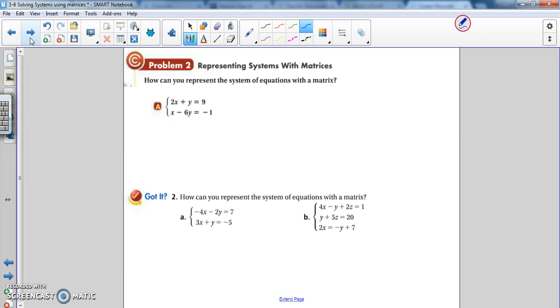How can you represent the system of equations with a matrix? Just like we had before, we want to write it in brackets. We have our x coefficients, which are 2 and 1. Then we have our y coefficients, which are 1 and negative 6. Instead of the equal sign, we're going to draw a vertical line.